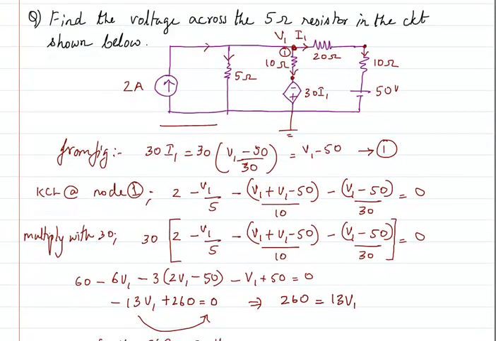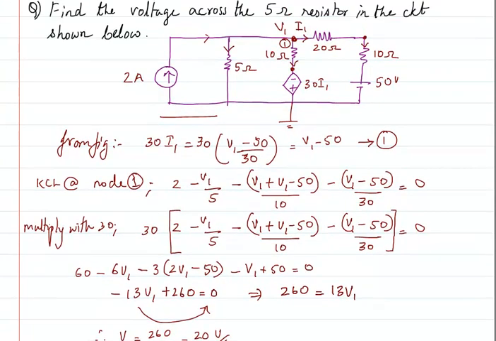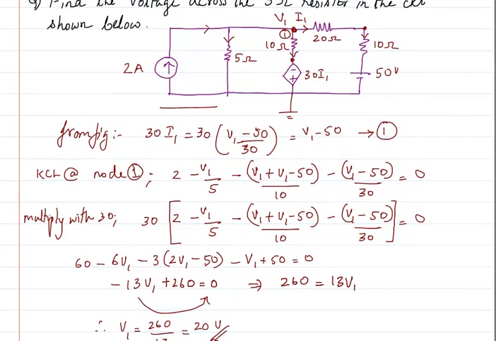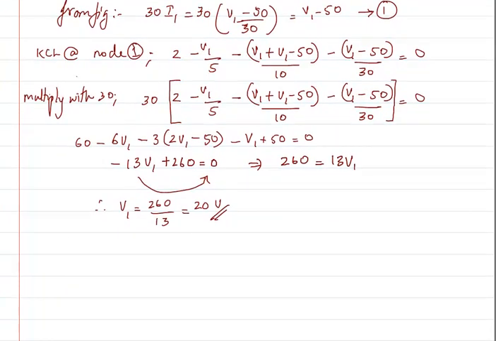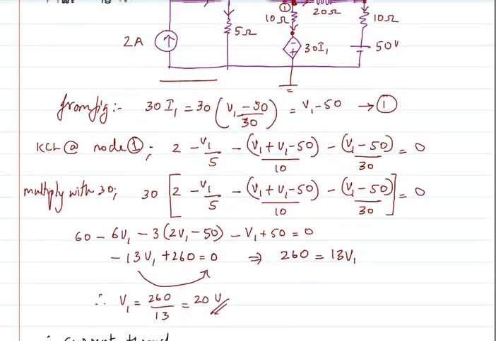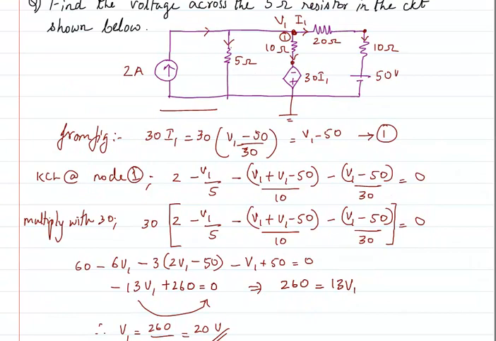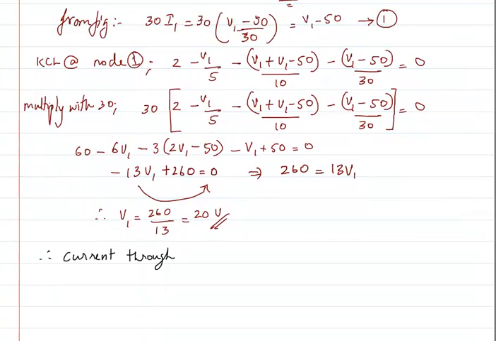So only one unknown was there, that was V1. So V1 we have found out, that is the only one that we had to find out, therefore we will get I1 also from it, no problem. So now final answer, therefore current through, I guess it was 5 ohms. So this is the 5 ohms. On one side of it the voltage is V1 and the other side it is 0. So it is V1 minus 0.